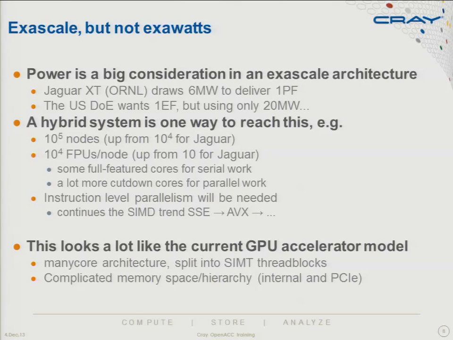And if you read the exascale roadmaps, a likely way to reach this is that whilst you have more nodes in your system, the nodes are a lot fatter, they have a lot more computation per node. And this is probably going to come from accelerators. These aren't going to be all Intel Sandy Bridge, Ivy Bridge CPUs because they take too much power.